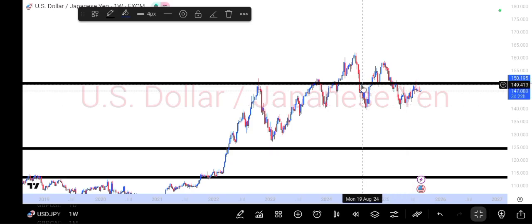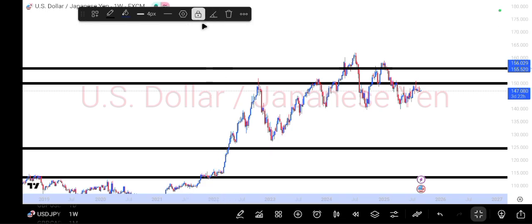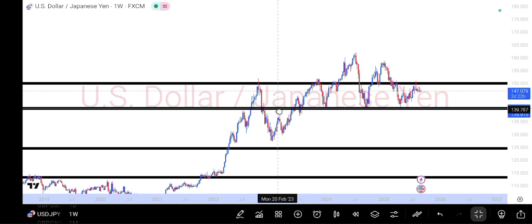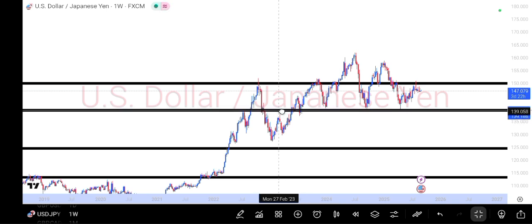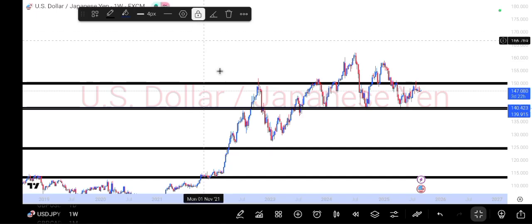I'll plot another one again. I'm forgetting to lock, so I'll clone, unlock and drag, just like so. Or here, I think here will be best to get multiple touches. So I'll lock it here now.